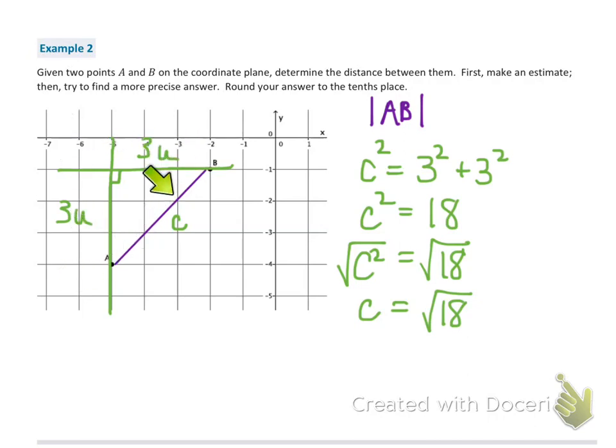It doesn't look too terribly much more than 3. So our first guess would be 4. But if we put this in the calculator, c is approximately 4.2. Okay, so length AB is approximately 4.2 units.